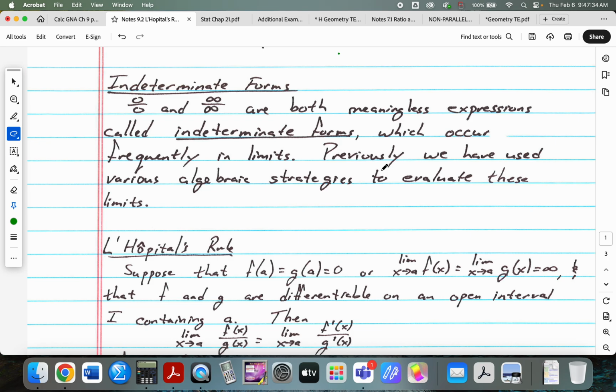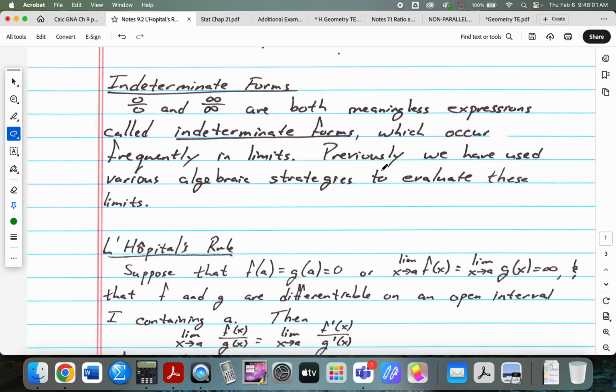Suppose that f of a and g of a are both equal to 0, or that the limit as x approaches a of f of x and the limit as x approaches a of g of x are both infinite, and that f and g are differentiable on an open interval I. Why they need to name the interval, I have no idea.